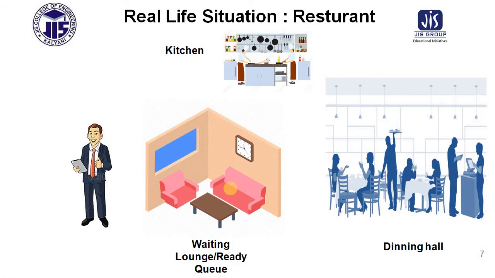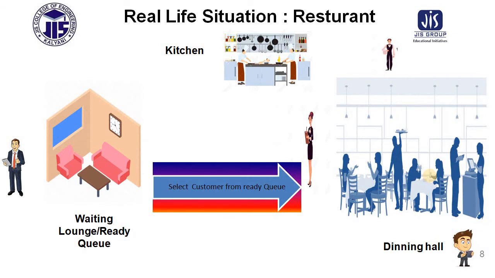Now whenever some table or space becomes available in the dining hall, next there will be another person. There is another lady who also comes to the waiting lounge, and she will pick up the customer from the ready queue who is next.